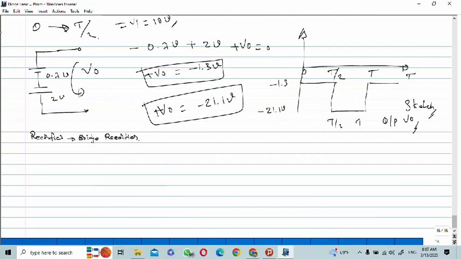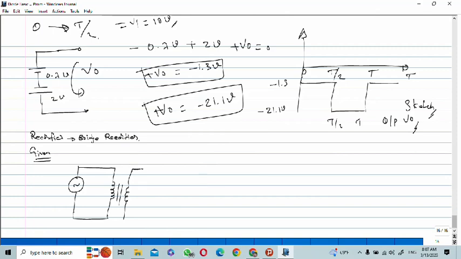The given data is one input source, then a transformer with its coil and a secondary terminal.